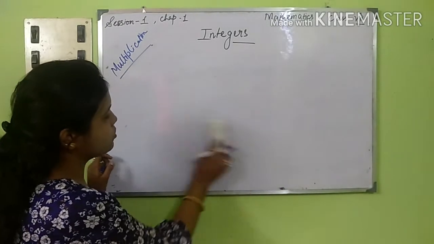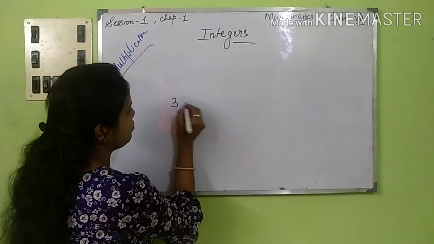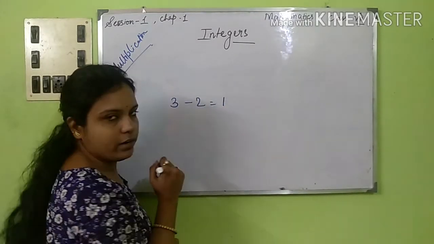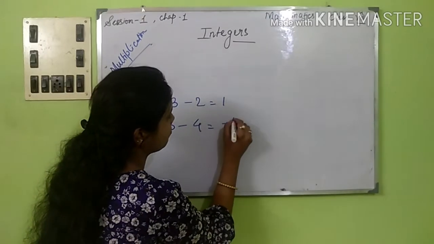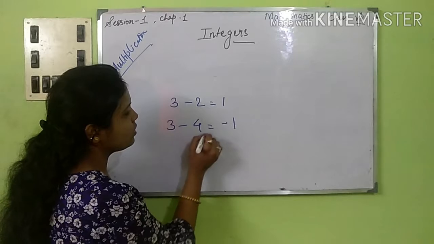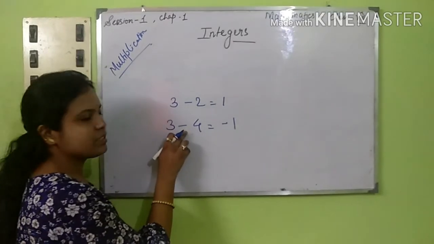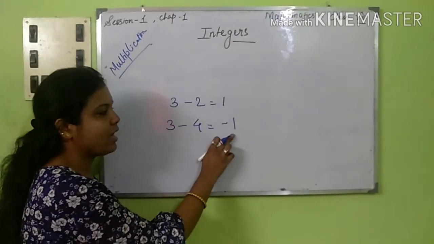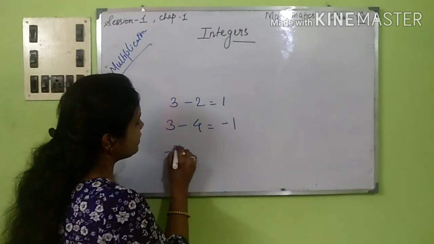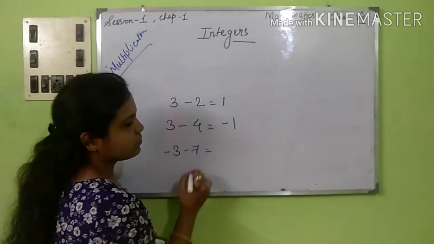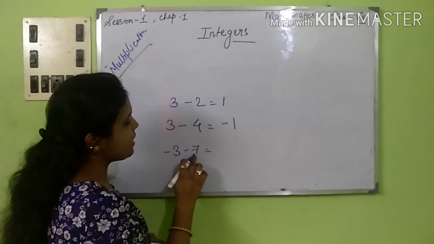Suppose for subtraction I am coming to 3 minus 2, you get 1. Then again, 3 minus 4, you get what? Minus 1. Why? Because 4 is greater than 3 and the sign beside 4 is minus, so we will have the minus sign in the answer. Next, minus 3 minus 7. Minus 3, minus 7.